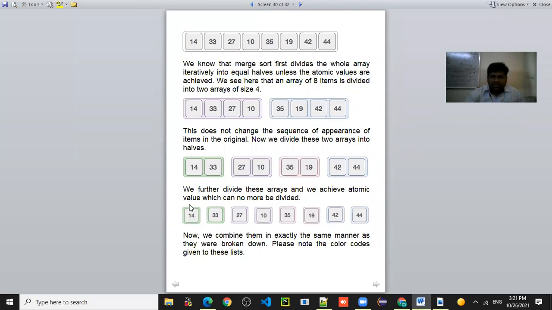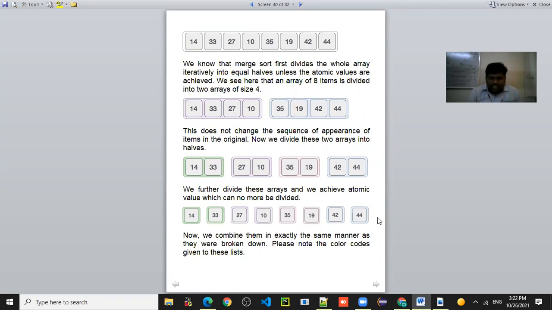So we divide to get 14, 33; 27, 10; 35, 19; 42, 44. After applying the division, all these elements are separate. This is called the divide step, where we have divided the list into smaller parts.